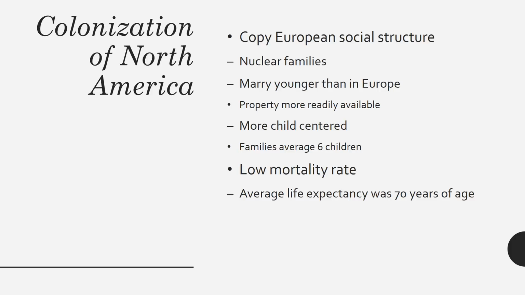Once again, more and more profit and more effort to make more money is kind of the idea there. A low mortality rate, which is 70 years of age. You'll start seeing that in the British North American colonies, which is pretty cool. So once again, once we get some things figured out there, we're going to start seeing some changes here, socially speaking.